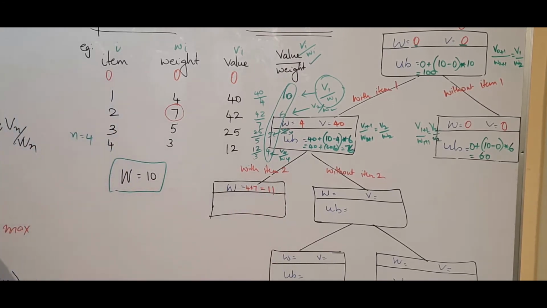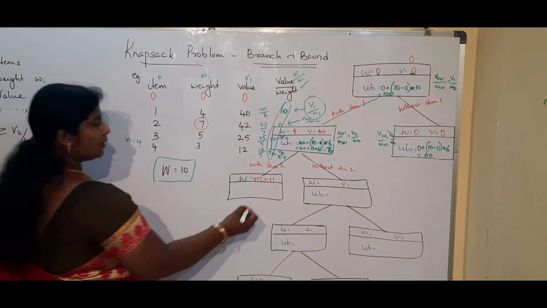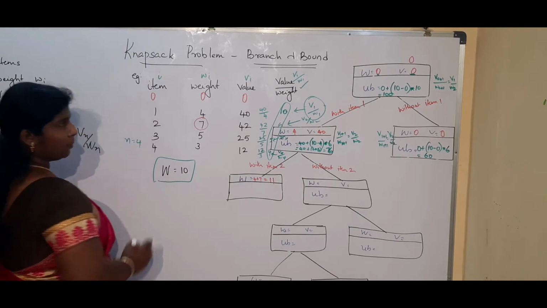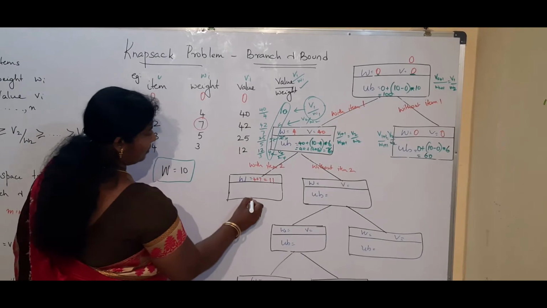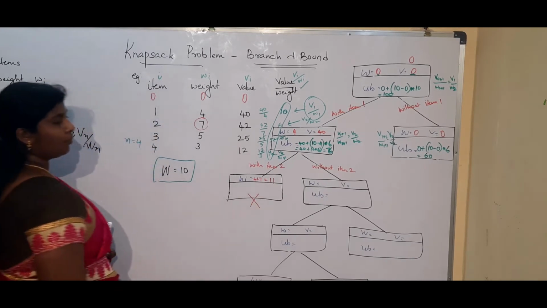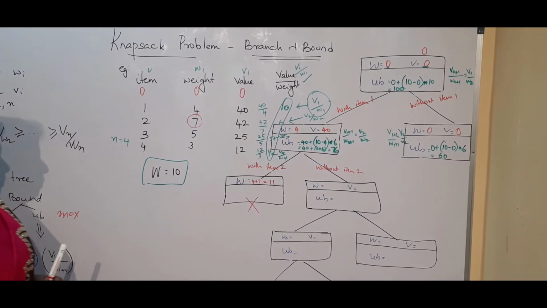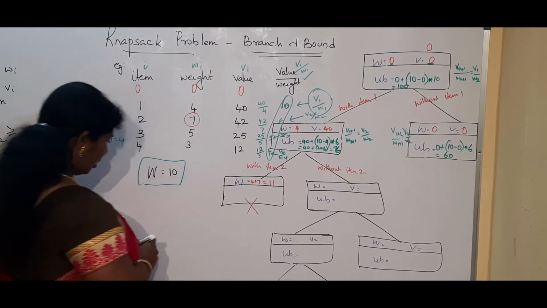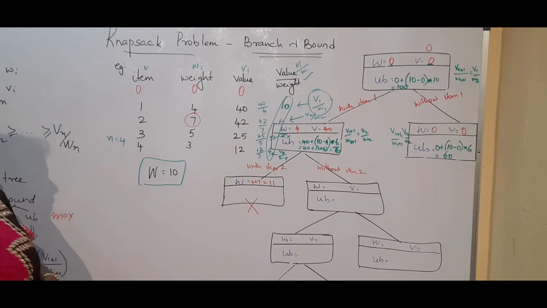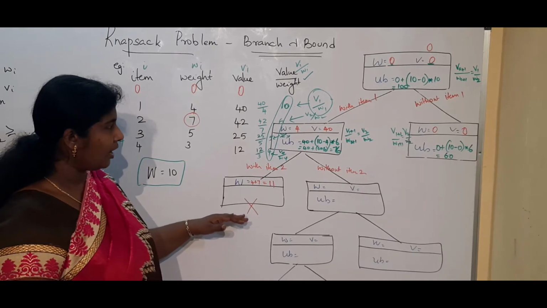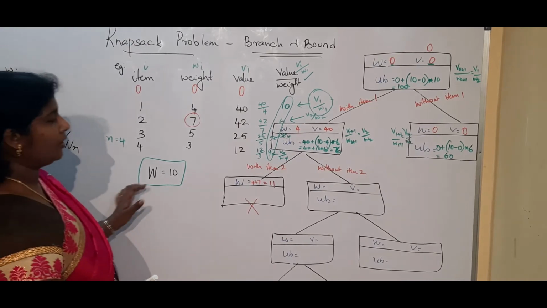What happens when the weight becomes 11? We have the capacity 10, so 11 is more than 10, so the sack cannot proceed further. We cannot go through this path.